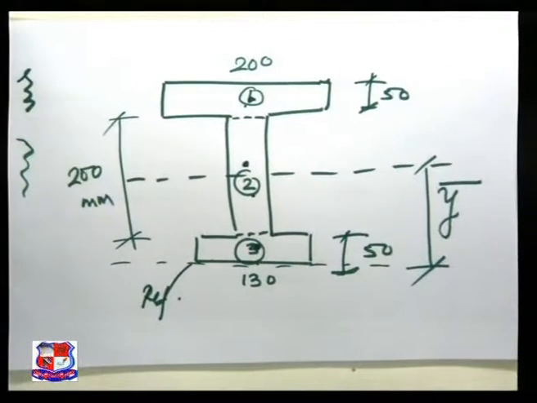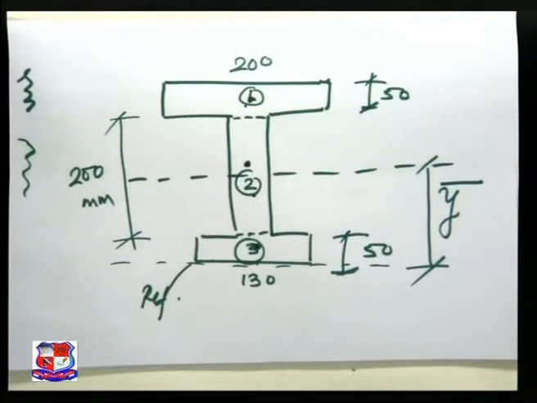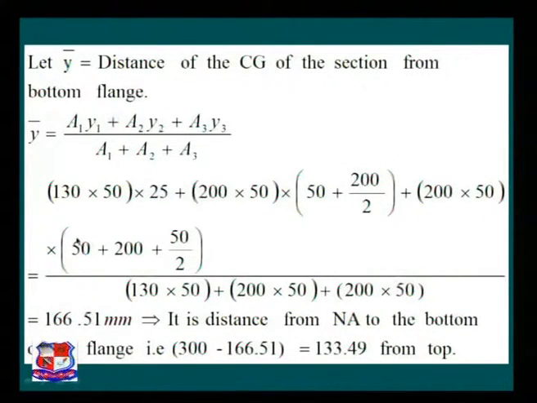So if we come back to our PPT and refer to it, that is A1 y1 plus A2 y2 plus A3 y3, started from the bottom side. So A1 in this PPT is considered from the bottom side. A1 y1 plus A2 y2 plus A3 y3 divided by the summation of all the areas. We found that the distance is 166.51 mm.